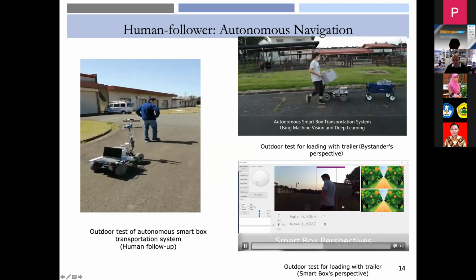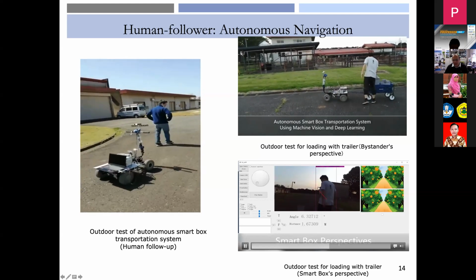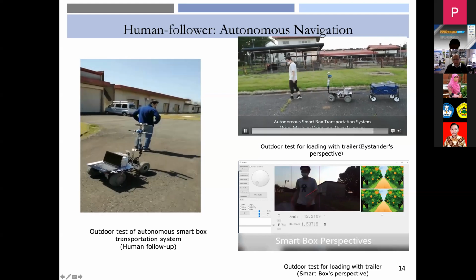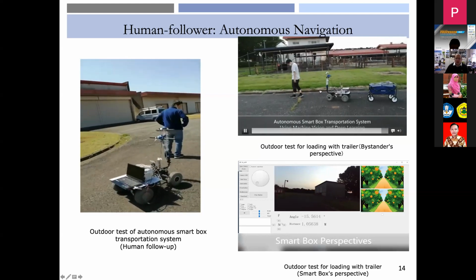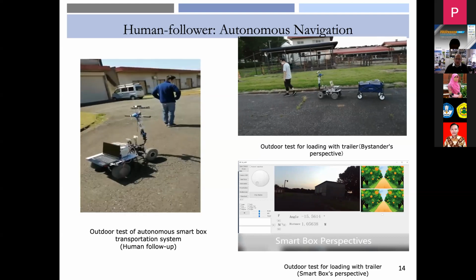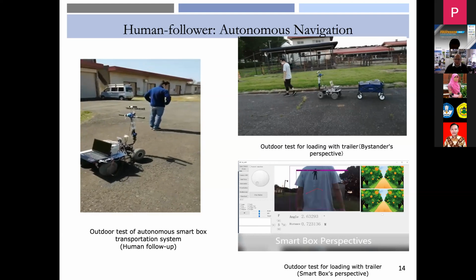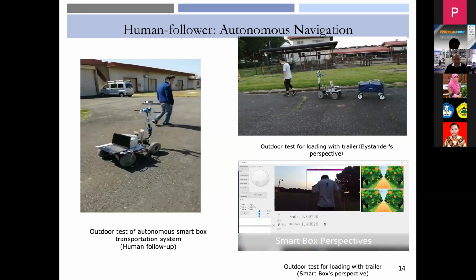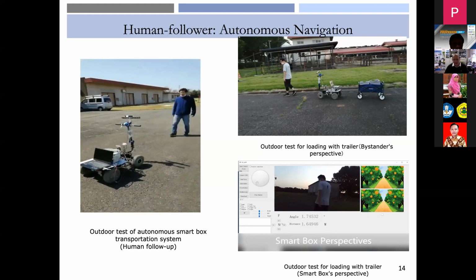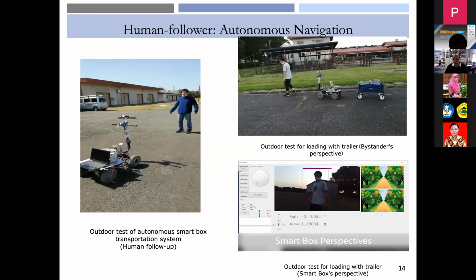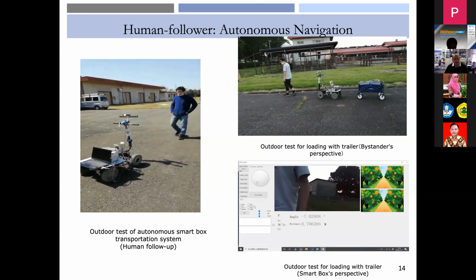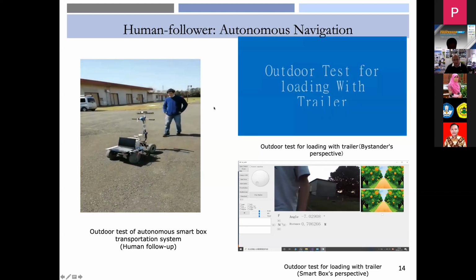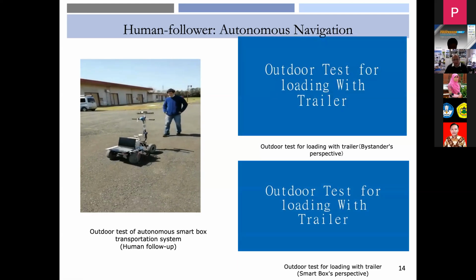This is called YOLO-based human detection: where is the location of the human and what is the angle? Then the vehicle follows. We started to work out this one, and then my student got a job at a company. So now we are still struggling to start new research directions. These are some of the leader-follower tracking systems for humans.